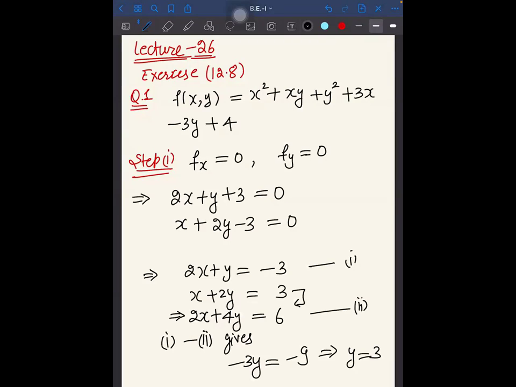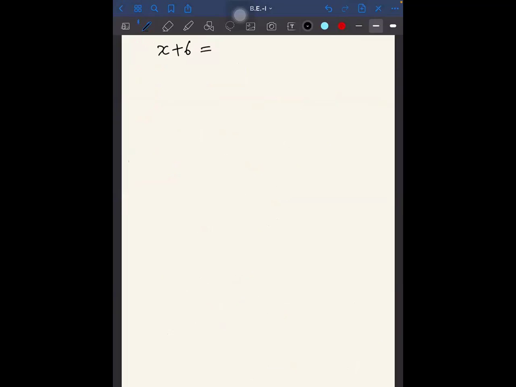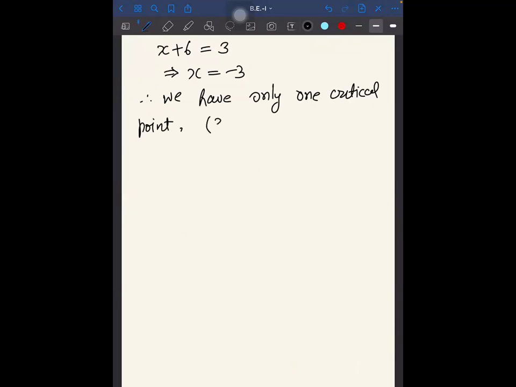You put y equal to 3 over here. So what do you get? x minus 3 plus 6 is equal to 3. Yes, x is equal to minus 3. So we have only one critical point, minus 3 and 3.